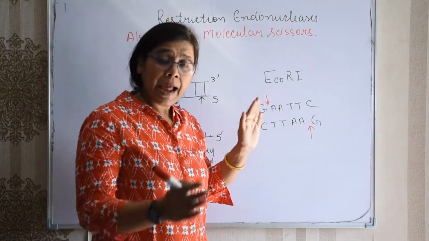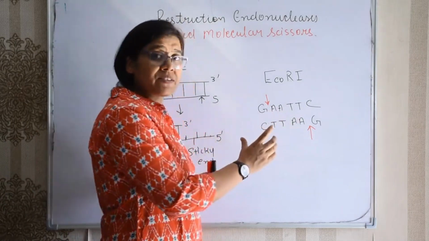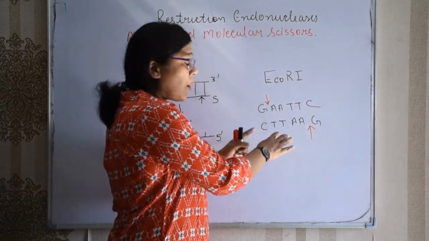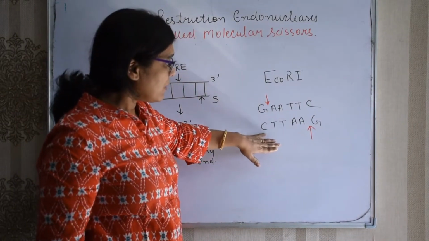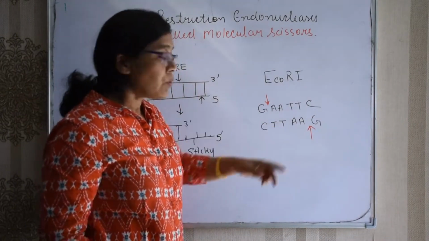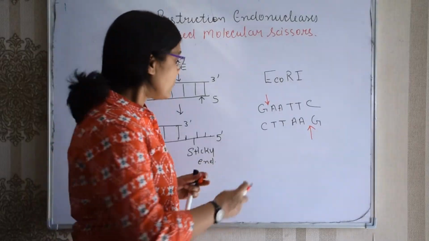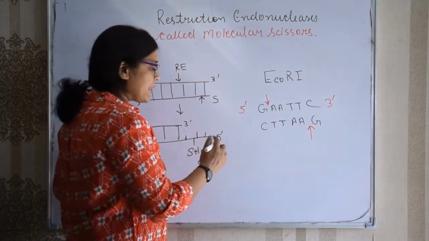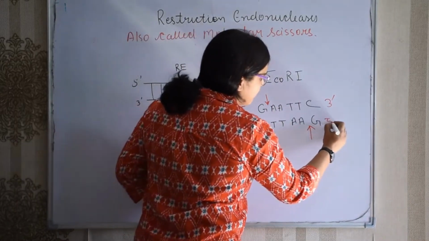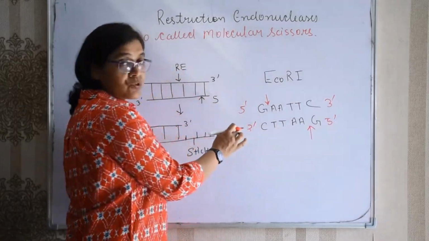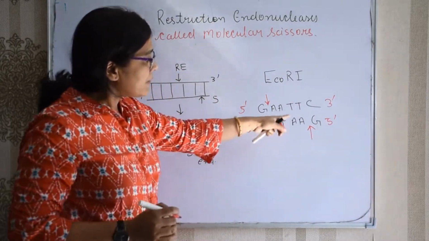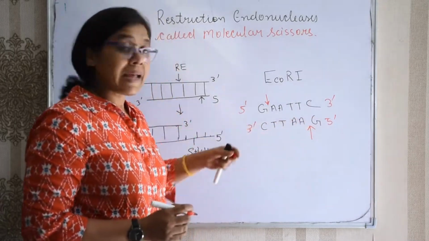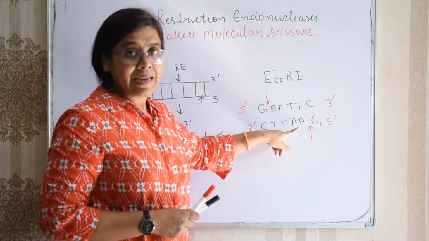Restriction enzyme acts on a specific palindromic sequence, and that is GAATTC, and the complementary strand. Here also it reads the same. If you read both the sequences in the 5' to 3' direction, you can read these two sequences of nucleotides the same, and that is called a palindromic DNA sequence.